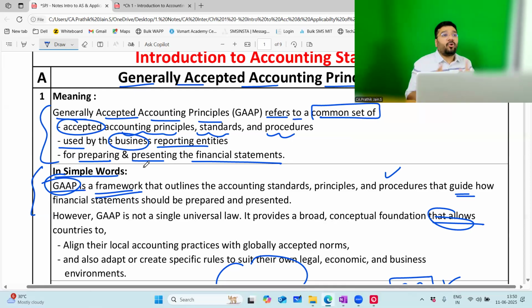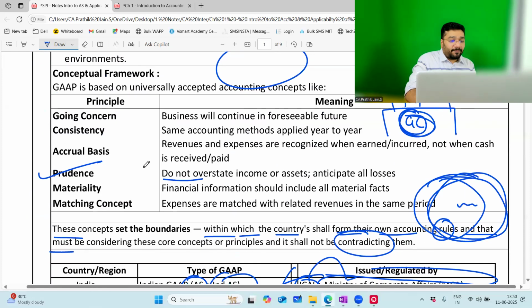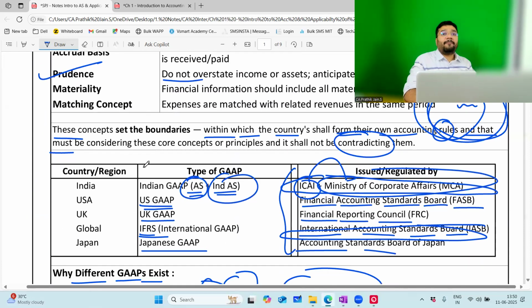Within that, you can play however you want. But whatever rule you come out with should ensure that the financial statement is true and fair, transparent, understandable, comparable, relevant, etc. Those basic essence should not be compromised. Am I loud and clear?